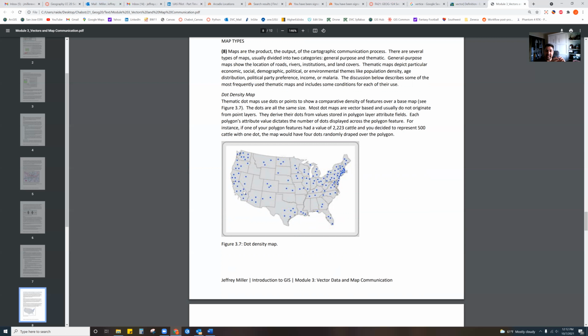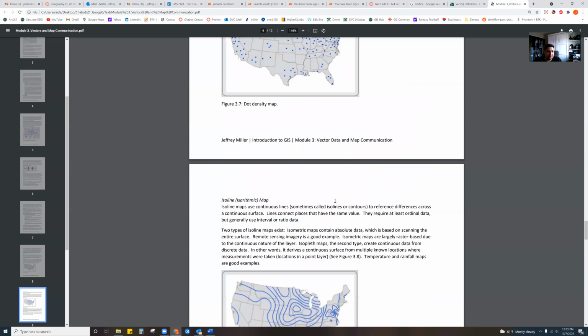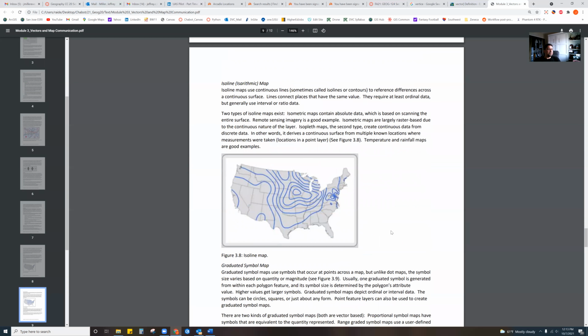It's more about the density of what's on the screen as opposed to the overall number itself. In this example, there's a lot more fast food in the Northeast. That could also be because the states are smaller. But anyway, fast food is just an example. I don't know if that's the truth or not.